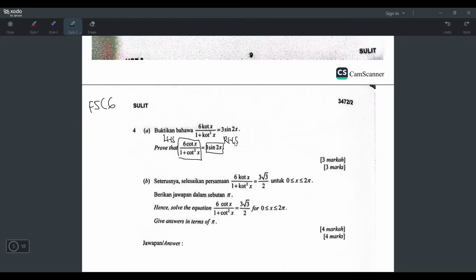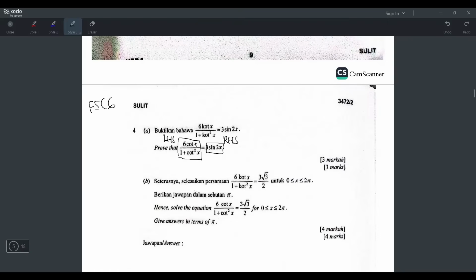It means it's better to start with the side that looks more complicated, because if it's more complicated, it means more things I can do. There's more possible ways for me to change. Okay. But if I start from the simple side, then it's very difficult, because if it's already simplified, very few things you can do with it. You understand?